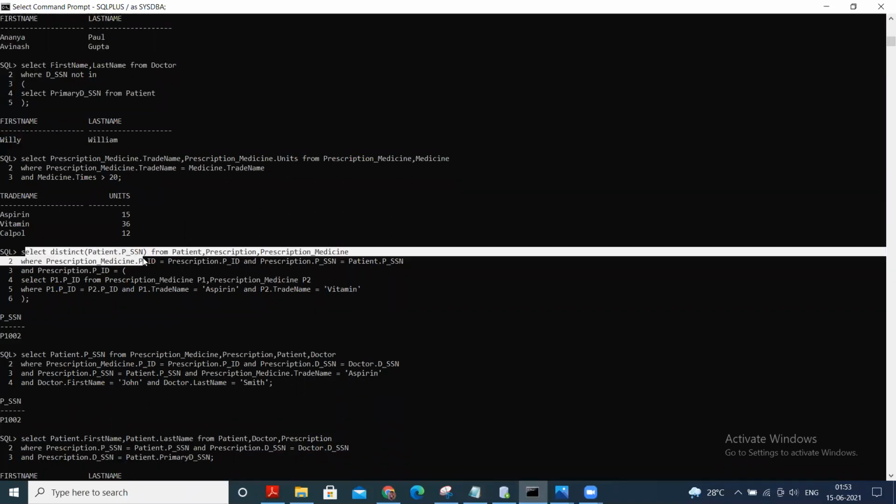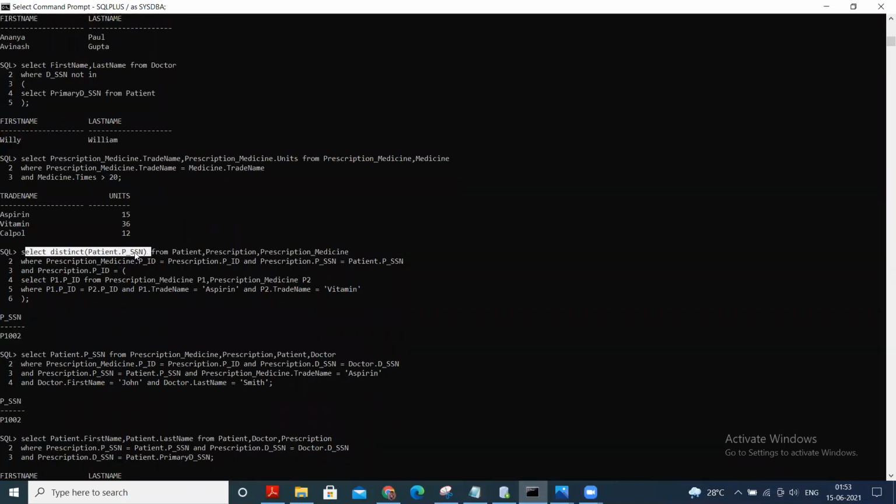So select the distinct patient.pssn, means this primary, from the patient, prescription, prescription medicine, where prescription medicine.pid equals prescription.pid and prescription.pssn is equal to patient.pssn. Okay.